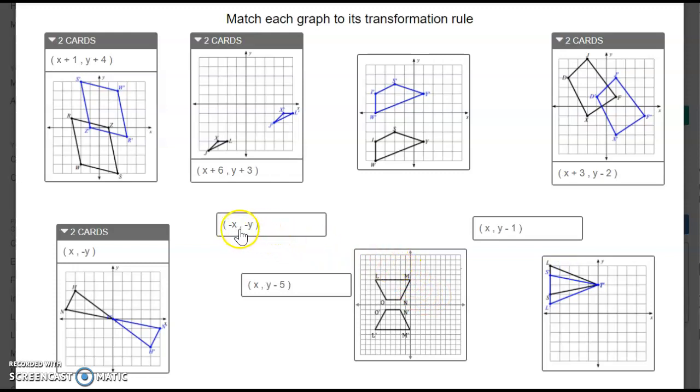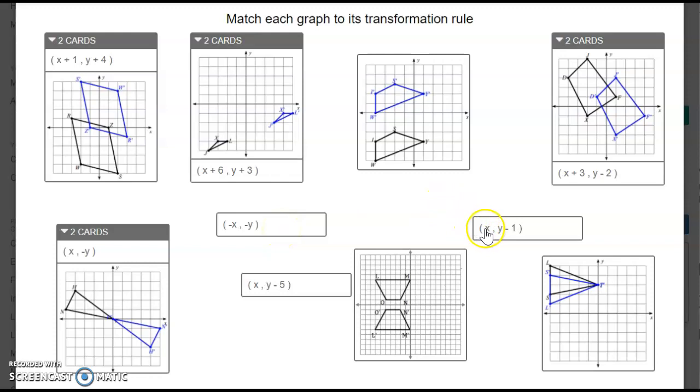Y, x, and y. X is becoming opposite and y is becoming its opposite as well. Okay, and that's actually reflection over the xy, y plus x.